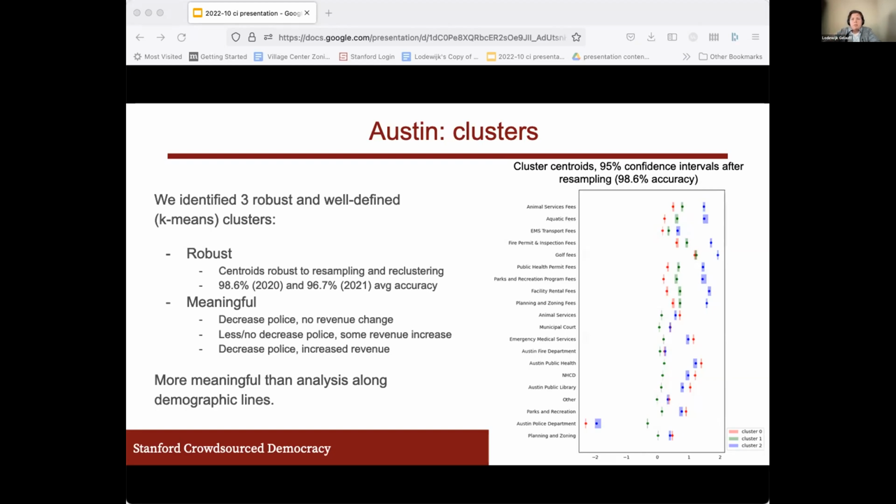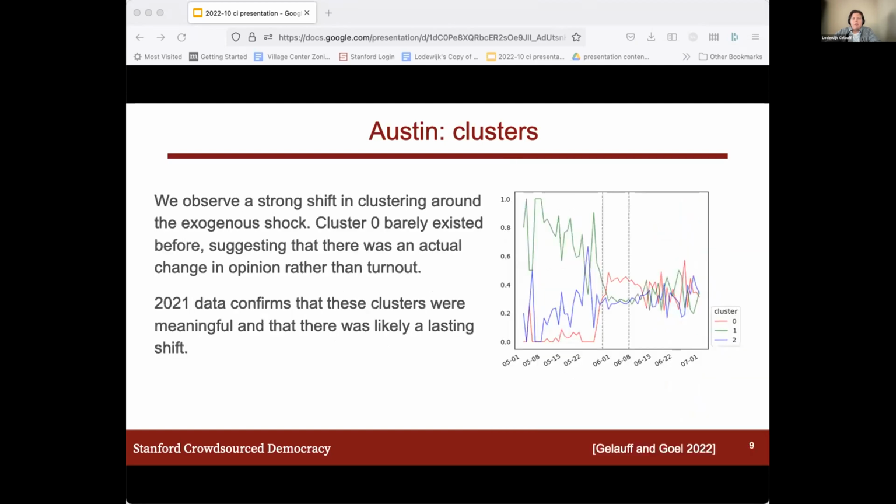But more noteworthy might be that these centroids are also very meaningful in a societal context. And we were much better able to explain the events using this information than we would be using any analysis on demographic lines. For example, if we analyze the cluster distributions over time, we see that the cluster that was strongest in support of cutting police budgets, which is the red cluster here, cluster 0, barely existed before the shock.